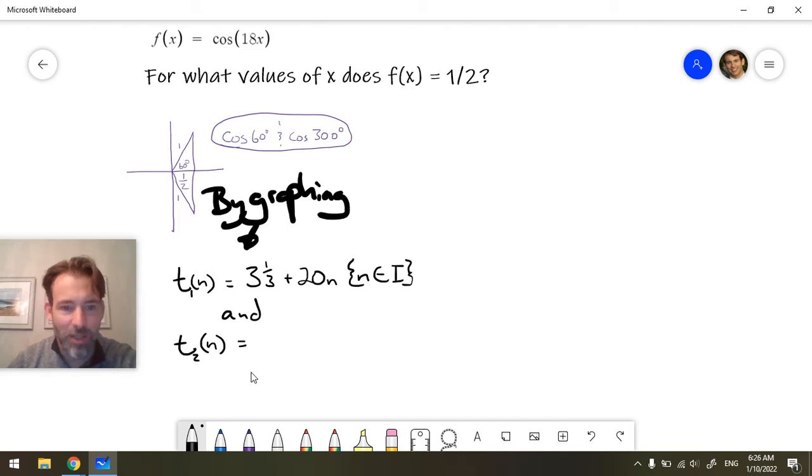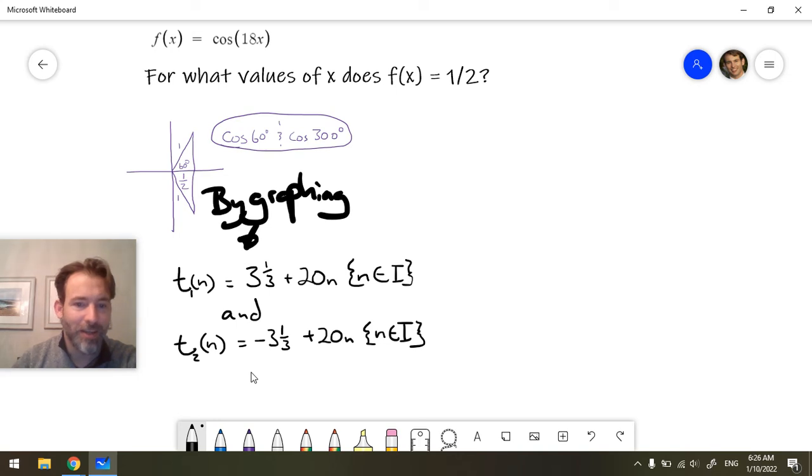And then this one would be negative 3 and 1/3 plus 20n. And that would be a different series, and is still, of course, of the integers. That would give us a different series of numbers, but they would equally be solutions. So this is one way to express the multiple solutions we can get from these types of equations that we find by graphing.